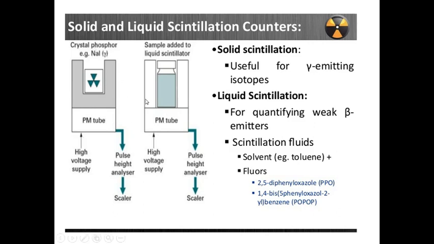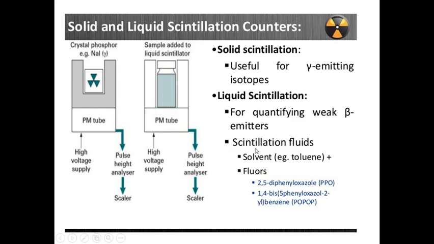And there is the liquid scintillation counter, which is very suitable for beta emitters. Here you can see the scintillation chamber in which we add the sample to the liquid scintillator, means the radioactive elements and the scintillators are combinedly added in liquid form.